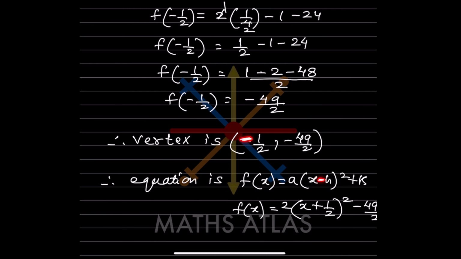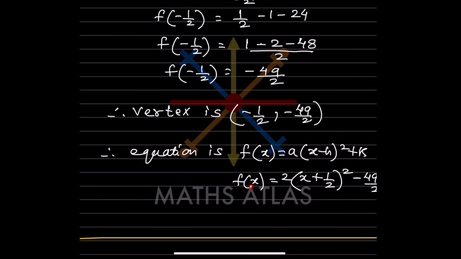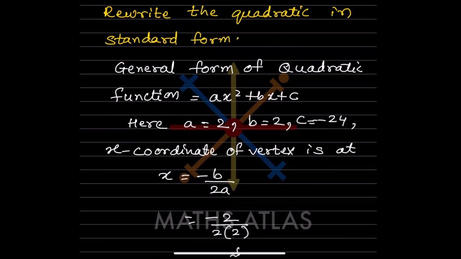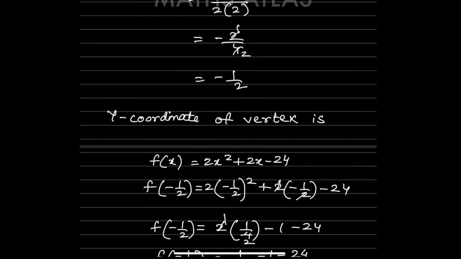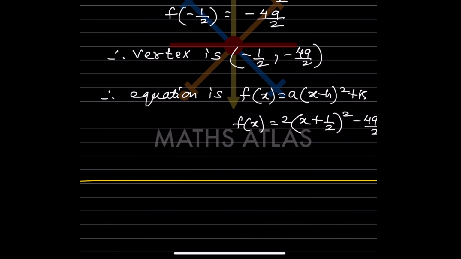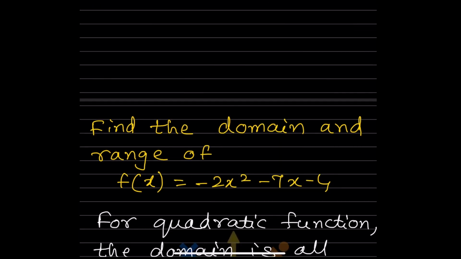H is minus. So minus and minus becomes plus. And again now this is minus. So the function, the equation is f of x is 2 into, because we got the value of a as 2, x plus 1 by 2 whole bracket square minus 49 by 2.